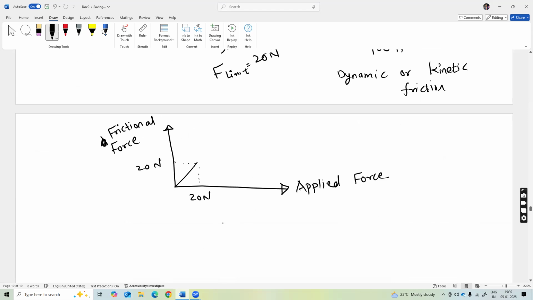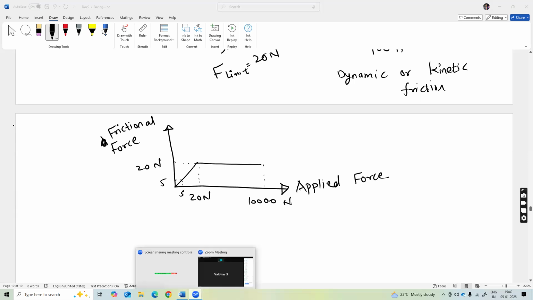And before that, if the applied force was 5 Newton, then the frictional force was also 5 Newton. It was increasing proportionally. But after it reaches this limiting value of 20 Newton applied force, no matter how much you increase the applied force, the frictional force will remain constant. So even if you apply 1000 Newton or 10,000 Newton force, this value of frictional force will remain constant.